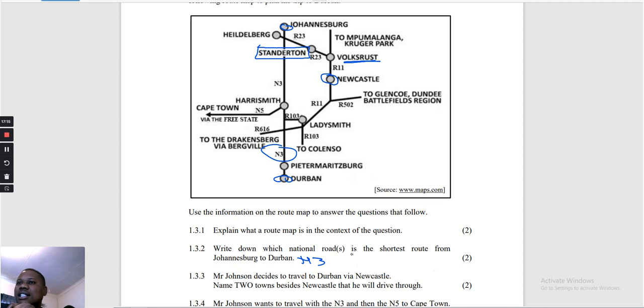So the towns that he's going to pass are Standerton, and then Pietermaritzburg. Oh, I skipped that one there. Pietermaritzburg, and also this one.